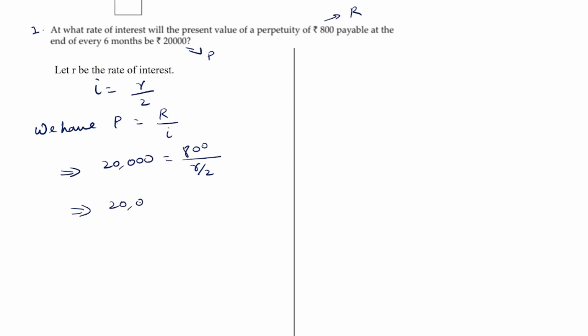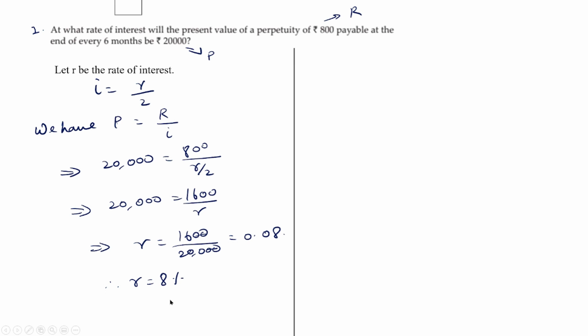From this we get 20,000 is equal to 1,600 upon R, or R is equal to 1,600 divided by 20,000. This is equal to 0.08. Therefore, R is equal to 8%. So the rate of interest is 8%.